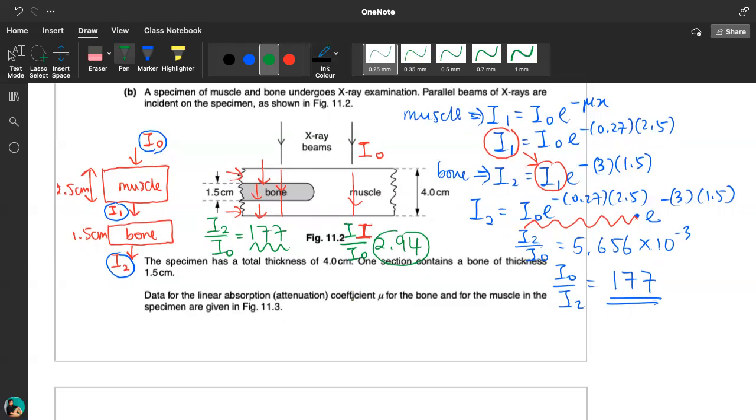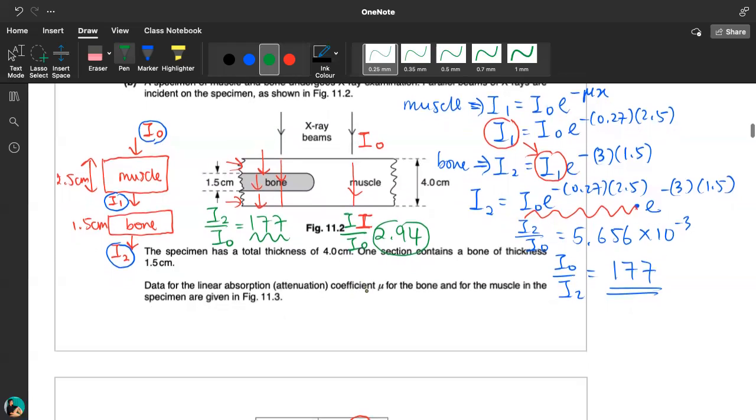Because each ratio is very different. The ratio is a measure of transmission ratios. Okay, number 2, if you have finished, 3, 4, 5, and 6.